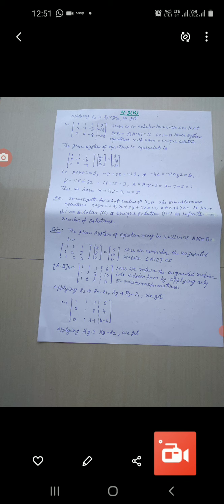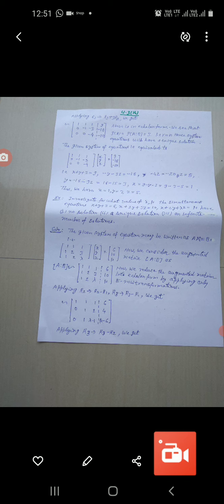Now we see that the above matrix is in echelon form, and we find that the rank of the coefficient matrix A is 3, since the number of non-zero rows in the coefficient matrix A is 3.